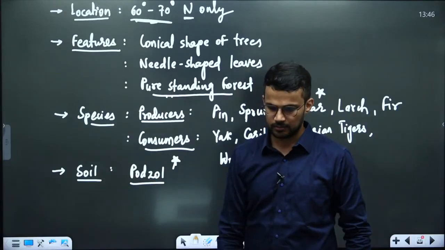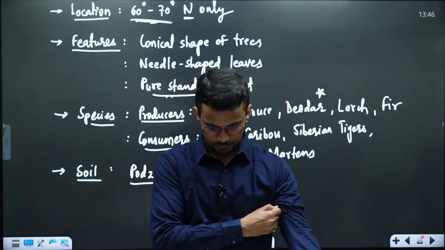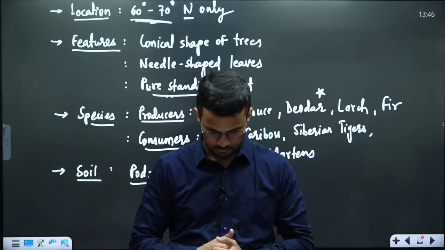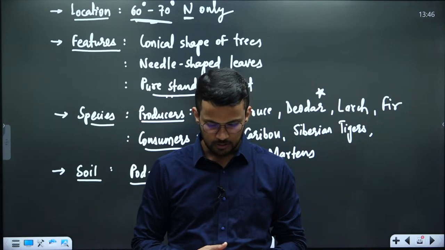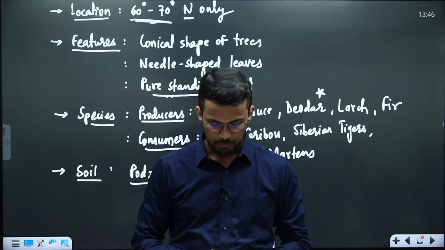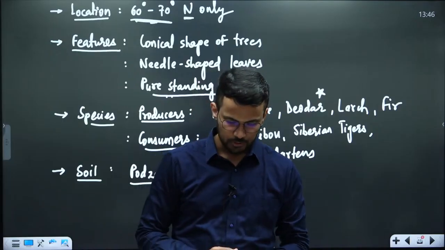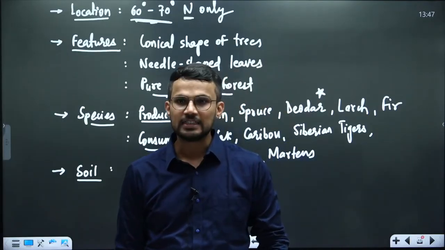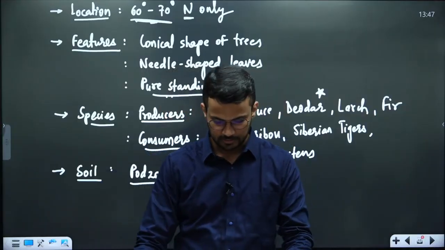Podzol. Under that, it is formed due to the result of acid produced from plant litter. Acid produced from plant litter. LITTER. Litter मतलब जो fallen leaves वगैरह है, plant litter.